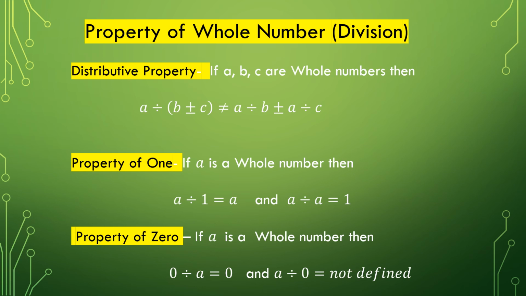And A divided by B minus C is not equal to A divided by B minus A divided by C. That is also not a whole number.